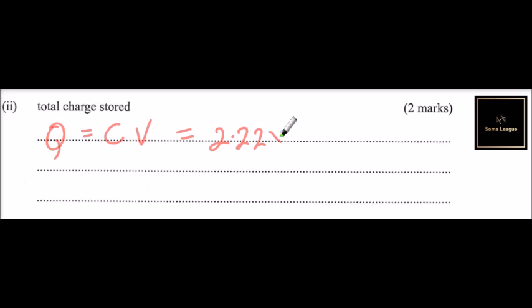So because they were microfarads, we convert them to farads by dividing by 1,000,000, that is 10 power 6, and you multiply by the voltage, which is 6 volts. If you use your calculator, you get 1.332 multiplied by 10 to power minus 5, and these are coulombs. The SI unit for charge is coulombs. So that's how you work out that.